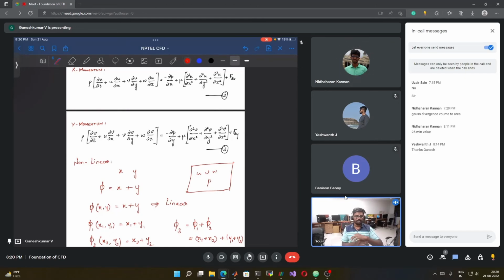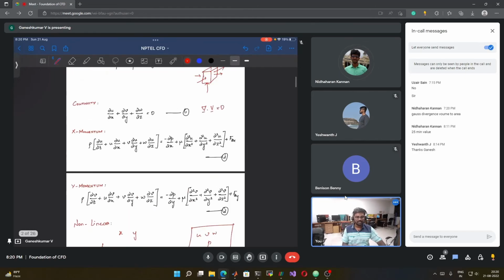You may not be able to get a continuous function because these equations are complex. You cannot apply any mathematical concepts to solve it. But what you can do is use something called discretization to convert this differential equation to a system of algebraic equations. That is the main idea.